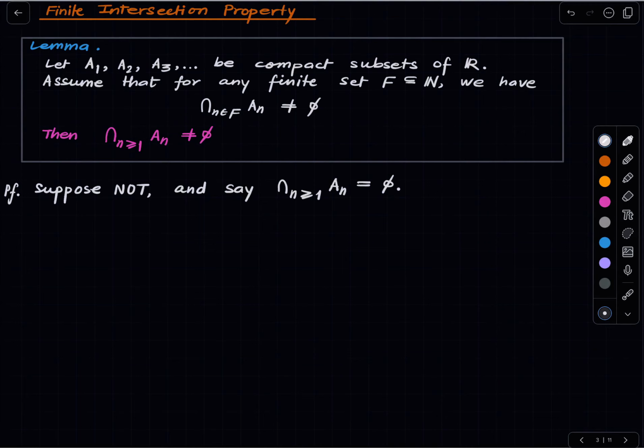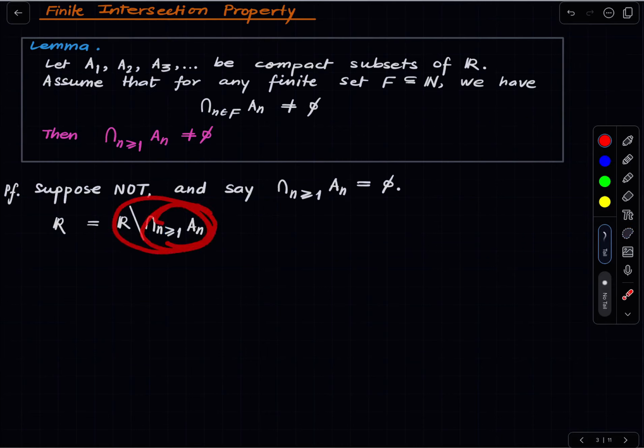Now, clearly R is equal to this complement, because all we are doing is taking the complement of the empty set, and hence it is the entire set of real numbers. But this is also the same as the union of complements of the individual sets.